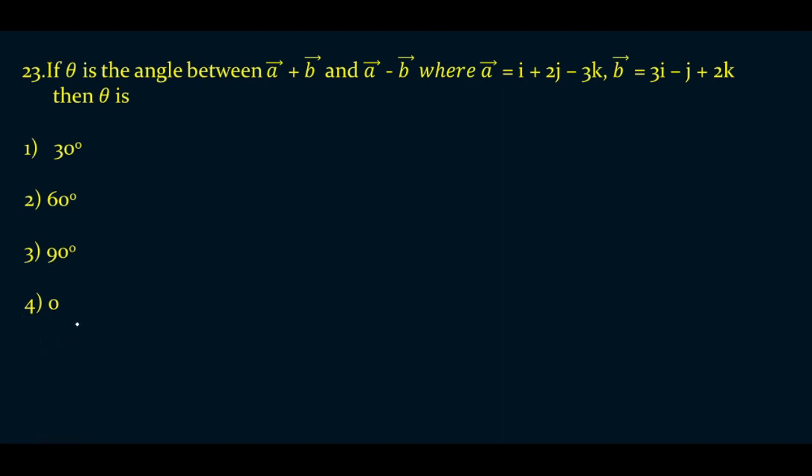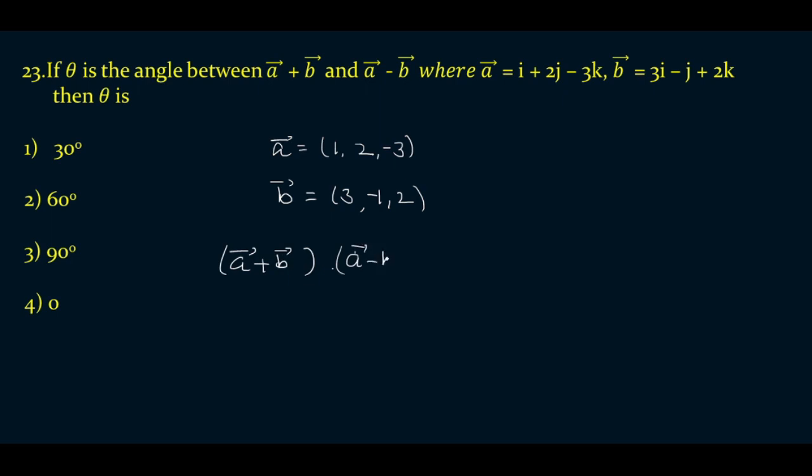Here vector a is 1, 2, minus 3 and vector b is 3, minus 1, 2. To find the angle between the vectors a plus b and a minus b, we find the dot product of vector a plus b with vector a minus b.